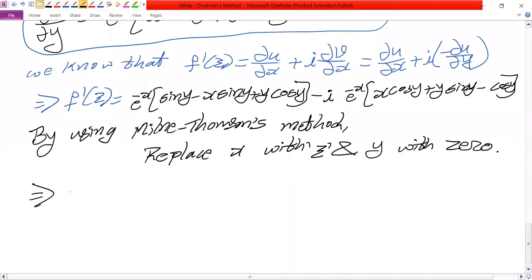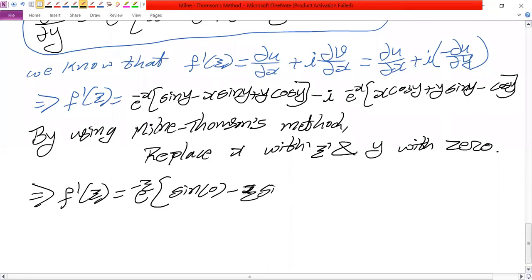That implies f dash of z equals e power minus z into sine of the y value, 0, minus x is nothing but z into sine of y, which is 0, plus 0 into cos 0. This is only the first term.